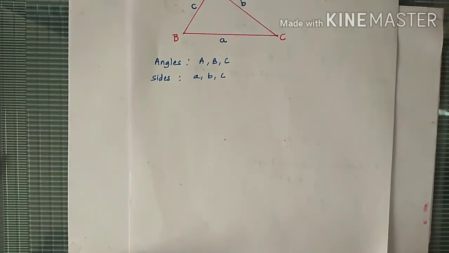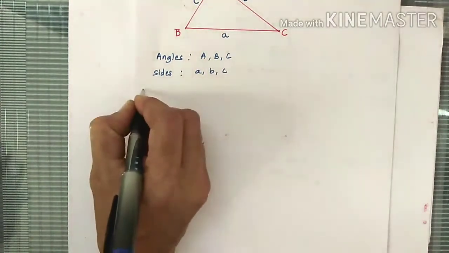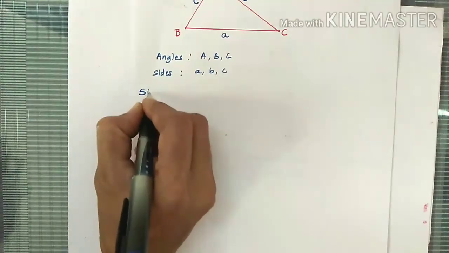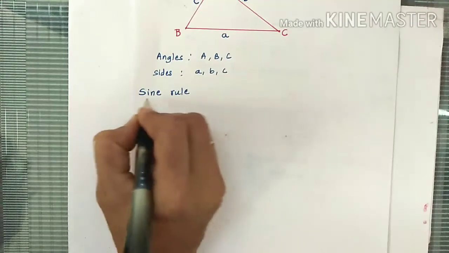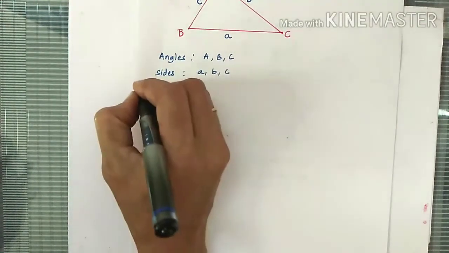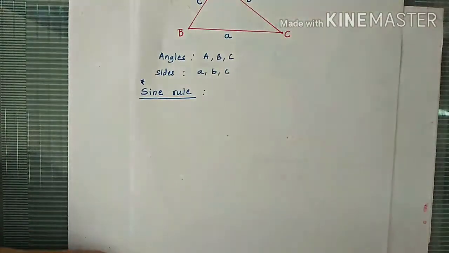Okay, now we are ready to prove sine rule. So first of all, let's write the statement of sine rule. So what is sine rule? See, this is important for theory questions also. So you have to prepare this for theory questions.